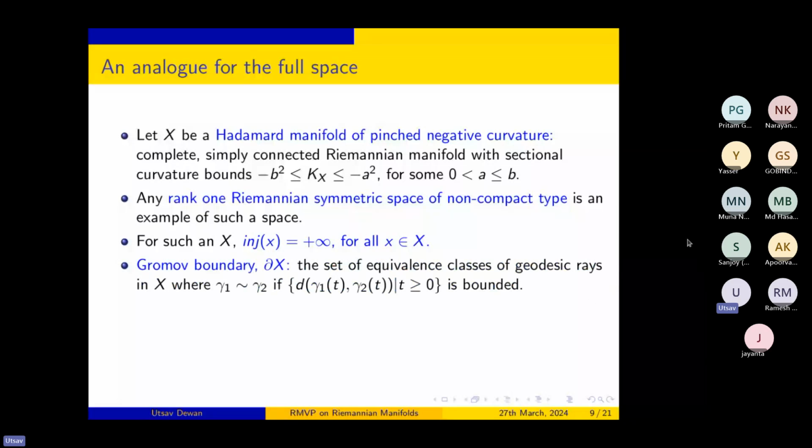And now comes the most important notion of the Gromov boundary, because in the previous result we also saw that some boundary behavior is associated with all these sort of results, and one would like to get hold of a nice boundary.